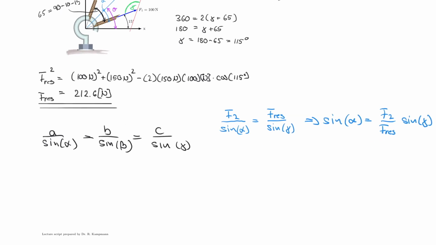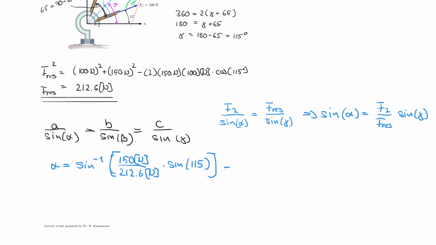And in fact, I can immediately state that alpha is equal to sine inverse of my F2, which was 150 Newton, and my F resultant was 212.6 Newton. And then I multiply that by sine gamma, which was sine 115 degrees. And that gives me my alpha angle. And that alpha angle happens to be 39.8 degrees.